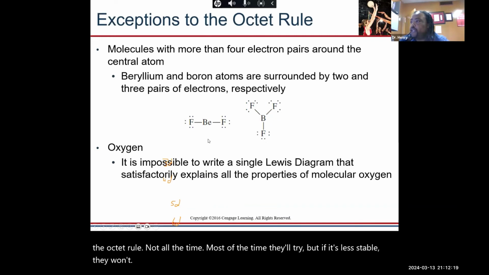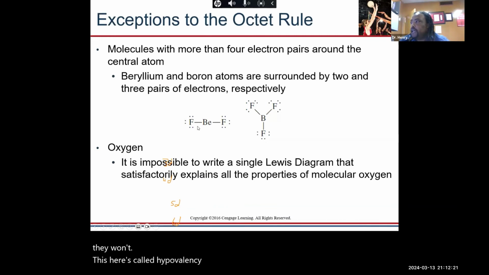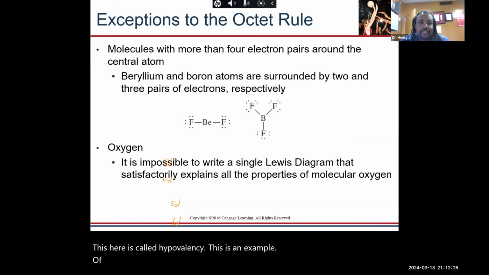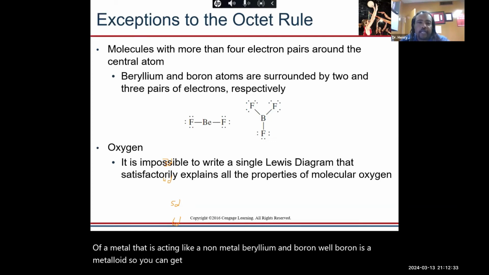This here is called hypovalency. This is an example of a metal that is acting like a non-metal. Beryllium and boron, well, boron is a metalloid, so you can get covalent bonding with boron, but beryllium is a metal that thinks of itself as a non-metal.